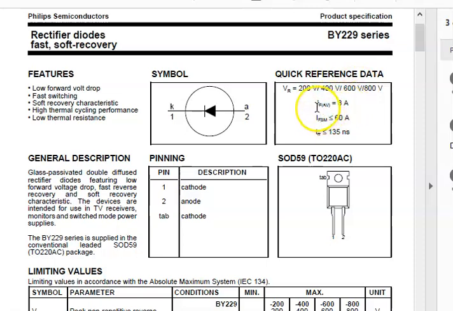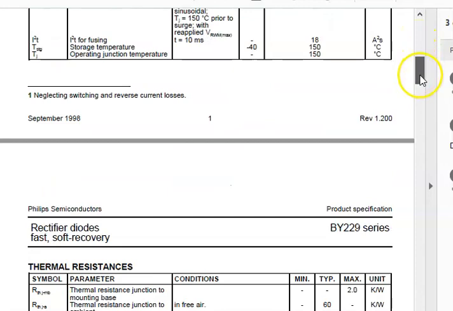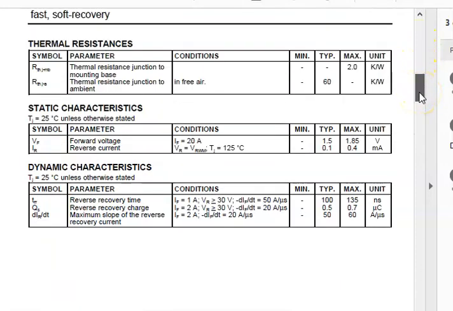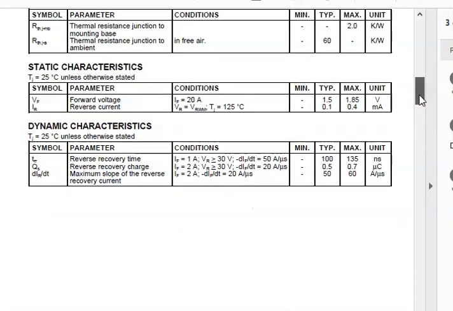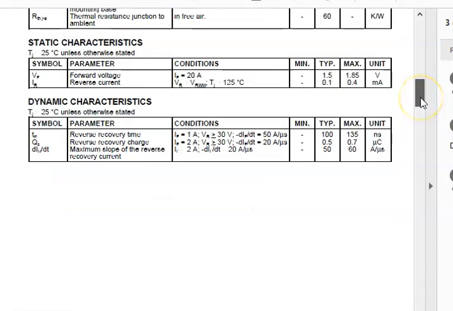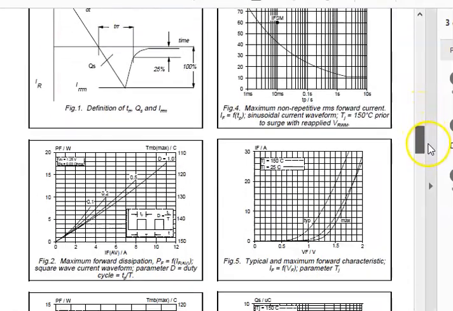I forward AV is your average forward current value, I forward average 8 ampere. Take note of the unit: sometimes it is mentioned in average, sometimes in RMS, sometimes in peak. This one is in average.